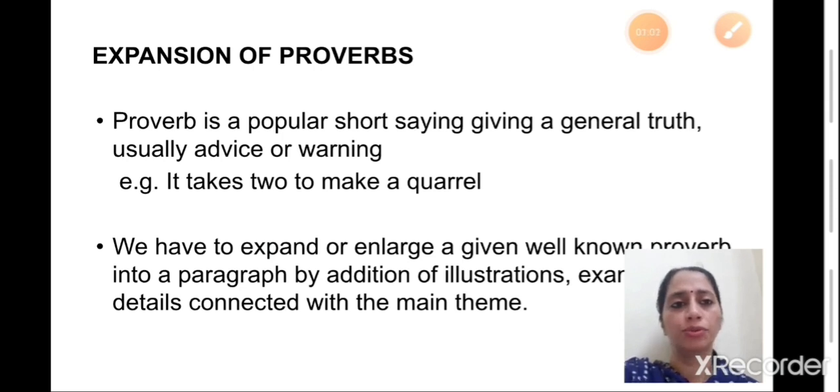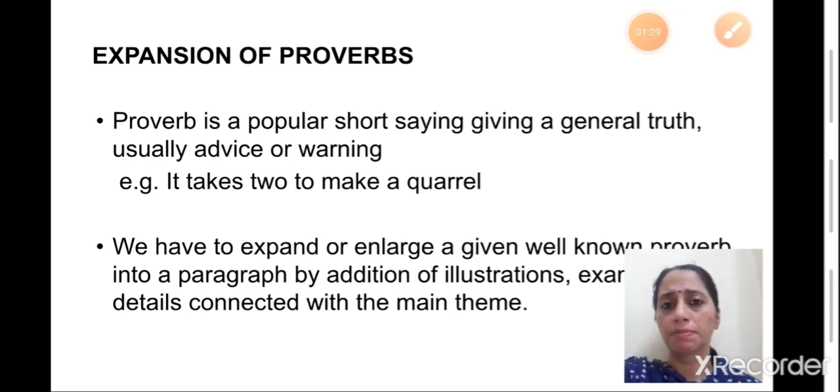It takes two to make a quarrel. So what does this mean? It takes two or more people to cause a quarrel. Okay, one side cannot put the entire blame of the argument on the other side. There are two people involved in this quarreling.